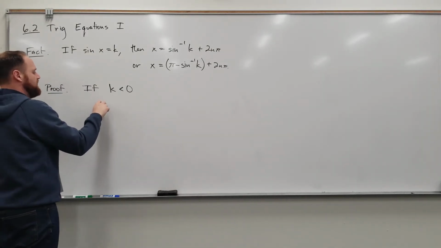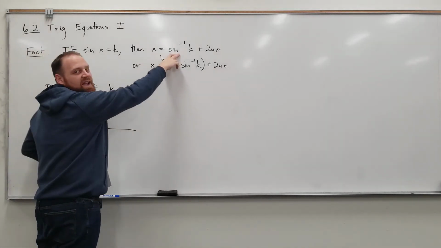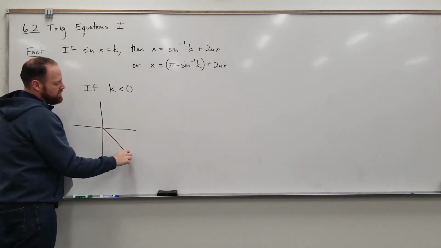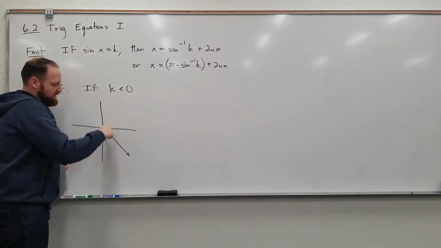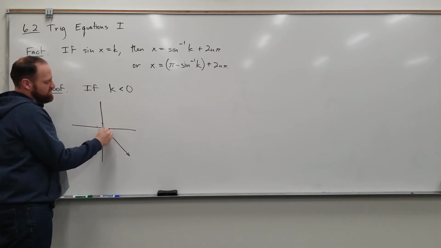So x must be in quadrant 3 or quadrant 4. Well, if we're calling x sine inverse of k, then that must mean it's here in quadrant 4. And in fact, sine inverse would mean that we're looking at the negative angle. So we're not talking about that angle, okay? We're talking about this angle, okay?